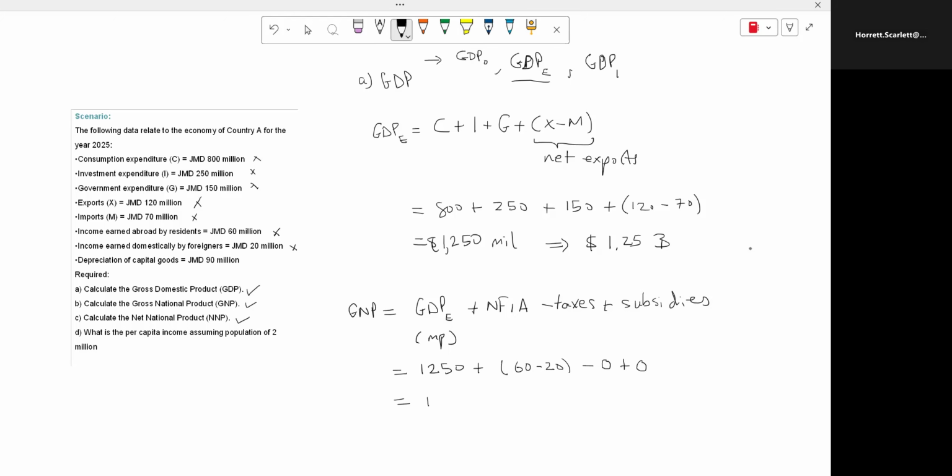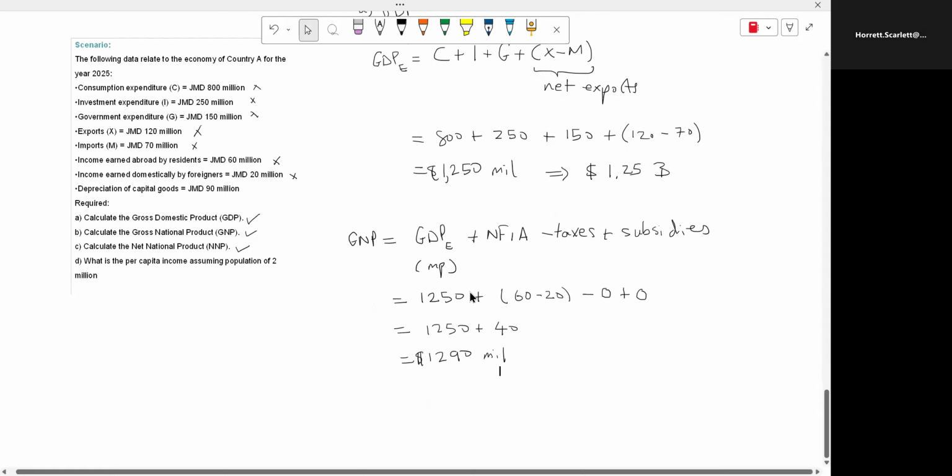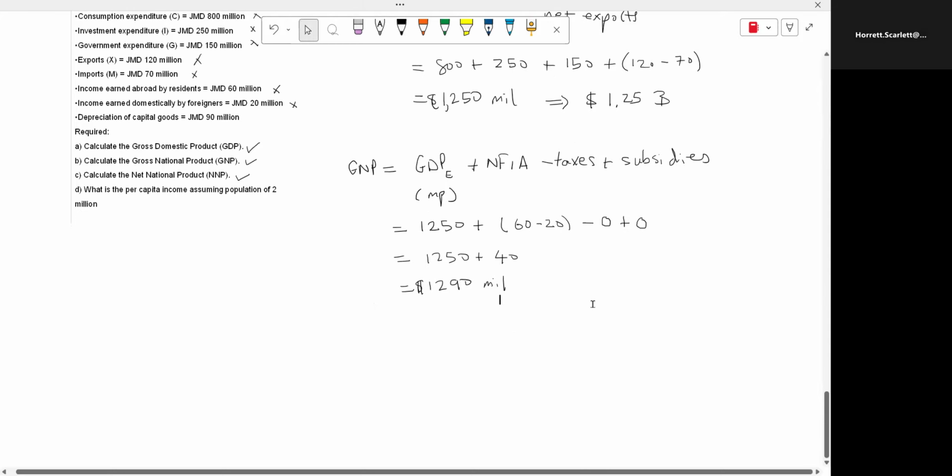So therefore means that we are now at 1250 plus 40, which ends up giving us 1290. Remember, this is 1290 million. So that's the gross national product.